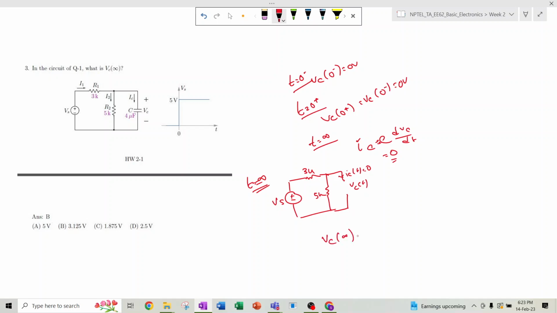Vc(infinity) is nothing but, we can use the voltage division rule. That means the 5 volt is applied. At t equal to infinity also the voltage is 5 volt because it is a constant.